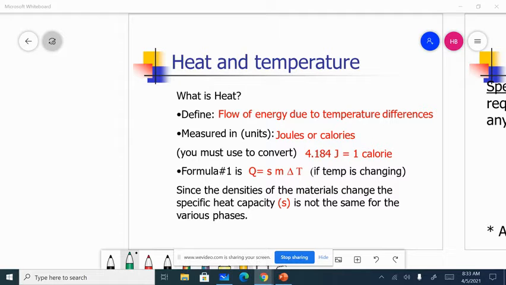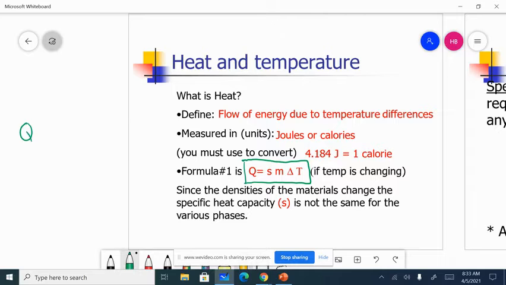Now, we're going to have a couple formulas that we're going to add. One of them is going to be this one. This is going to be the formula that you will use if you are in a part of the graph where the temperature is changing. The densities of materials change when they're in different states of matter, the different phases. So the specific heat capacity, which is going to be either S or C, you're going to see both of them written in formulas.